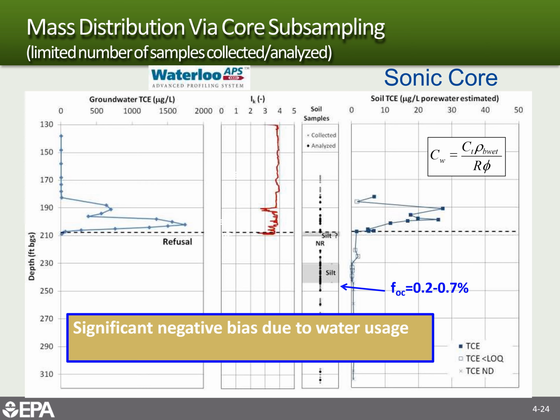These are the groundwater samples from later, once the well was installed, but the water sample collected from the pore water of the Sonic core is about 2 orders of magnitude less than the groundwater samples from the well installed in the area. So again, it really becomes more of a screening tool when compared to a permanent monitoring well.